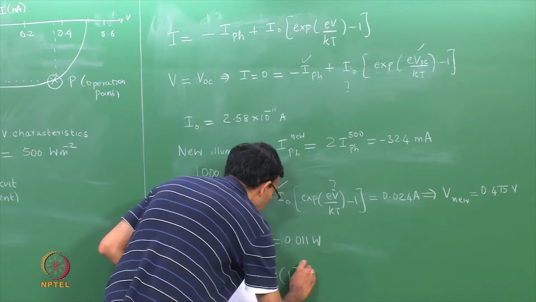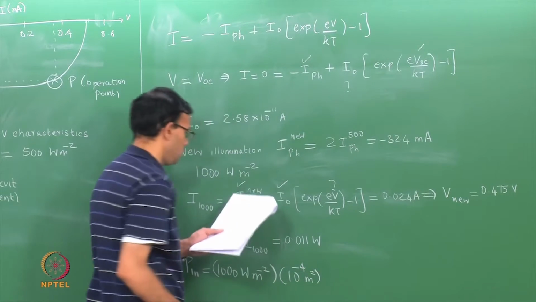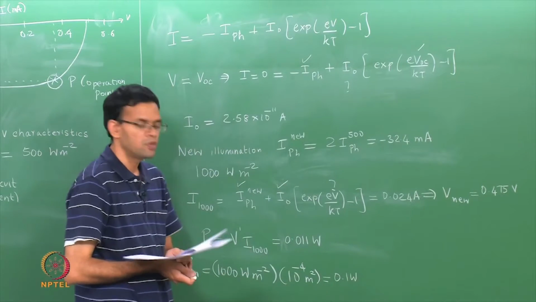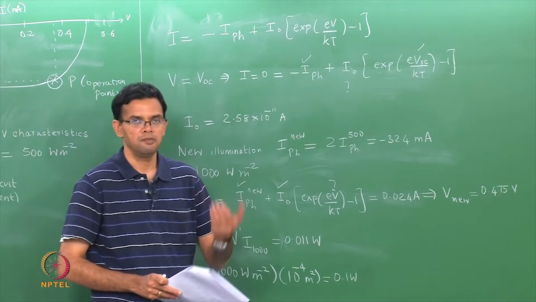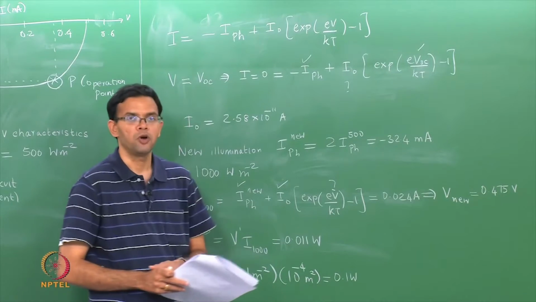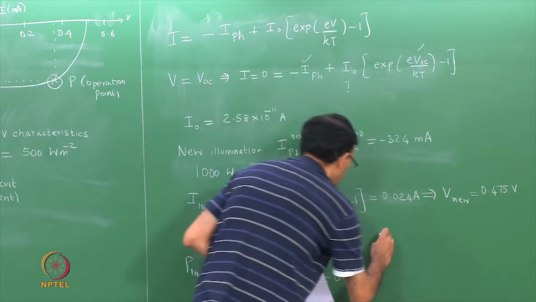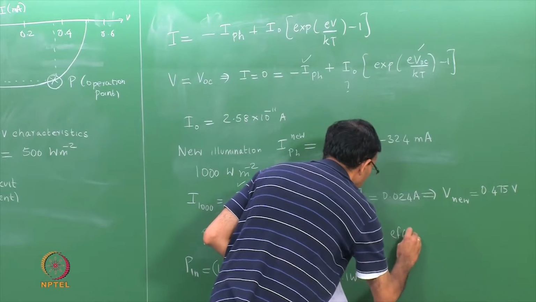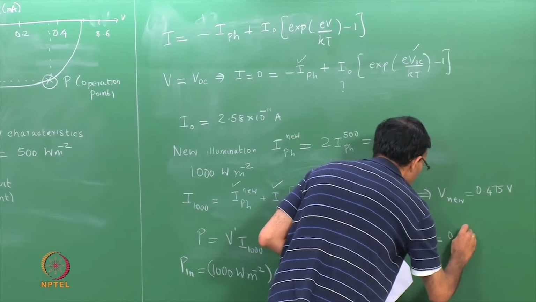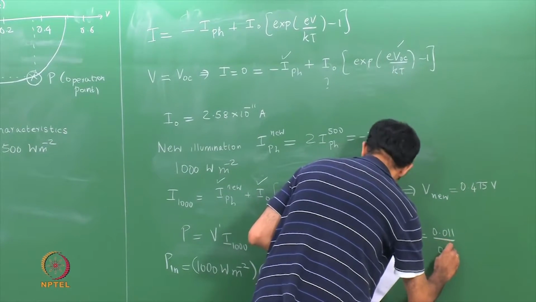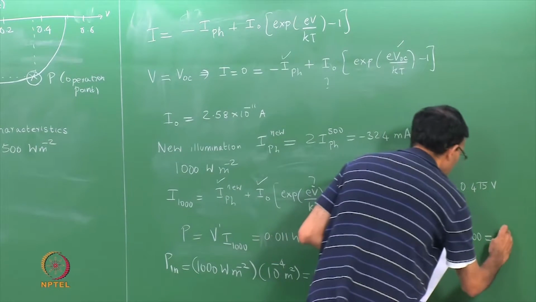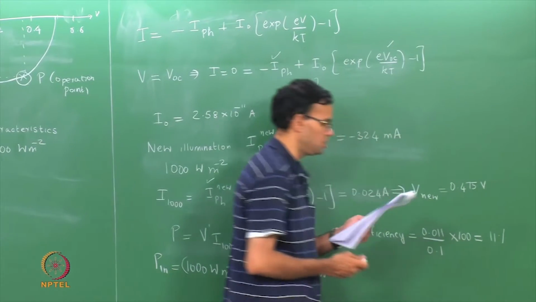So, that is 10 to the minus 4 meter square. So, this gives you 0.1 watt. So, 0.1 watt is the input power, the output power in the form of electrical current is 0.011 watt. So, the efficiency in terms of percentage is 0.011 divided by 0.1 times 100, that is equal to 11%.